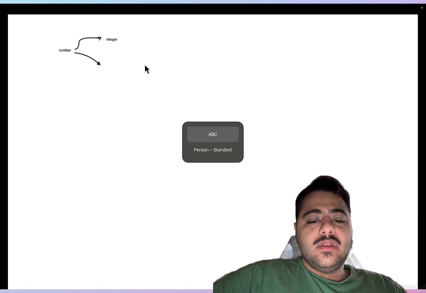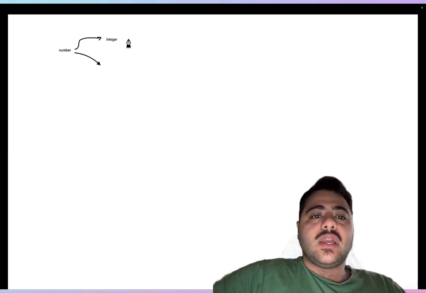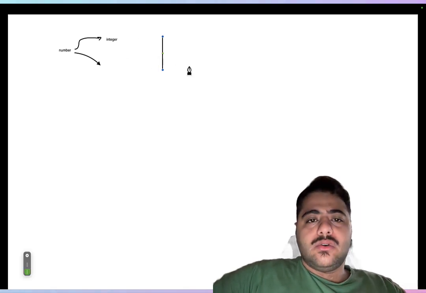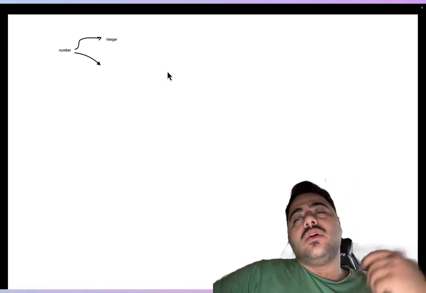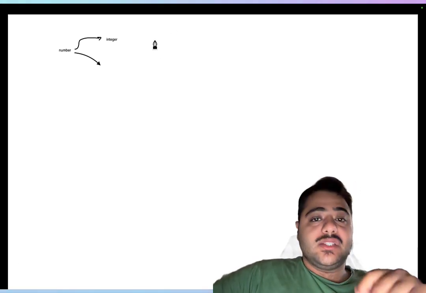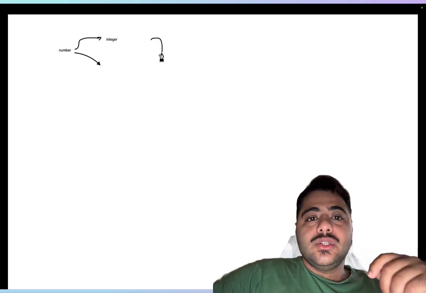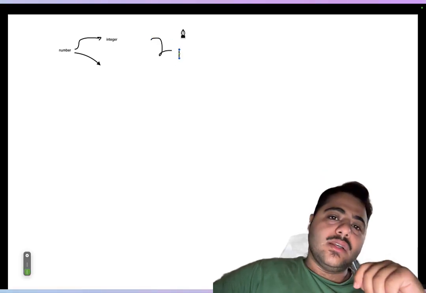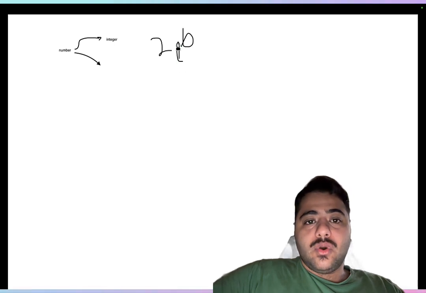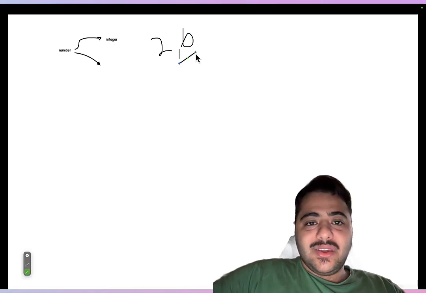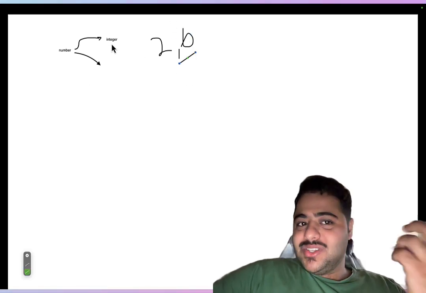For example, you can say 1 is an integer, alright, 2 is also an integer, 3 is also an integer, whatever whole number you wanna write is an integer, but 2.6 is not an integer because it has a point, it has a decimal value, so this is not an integer.